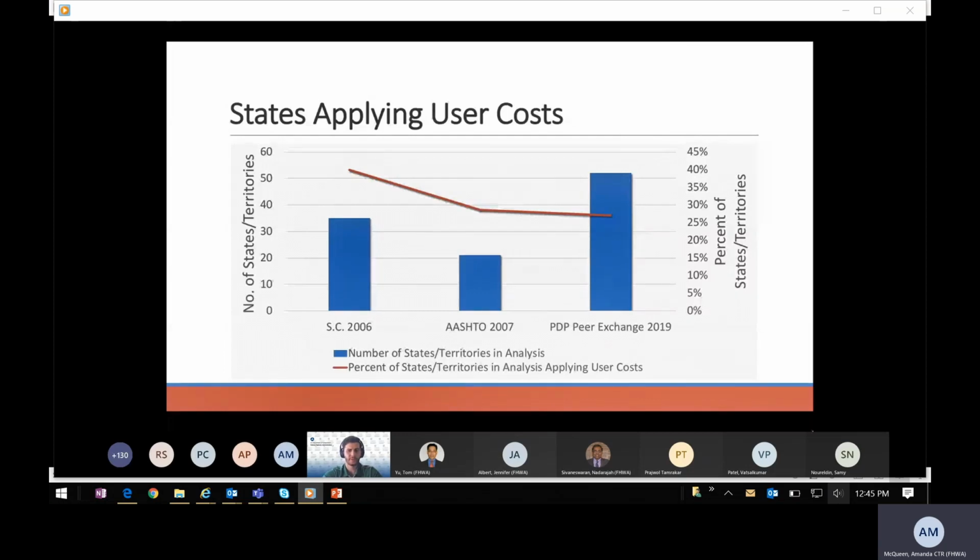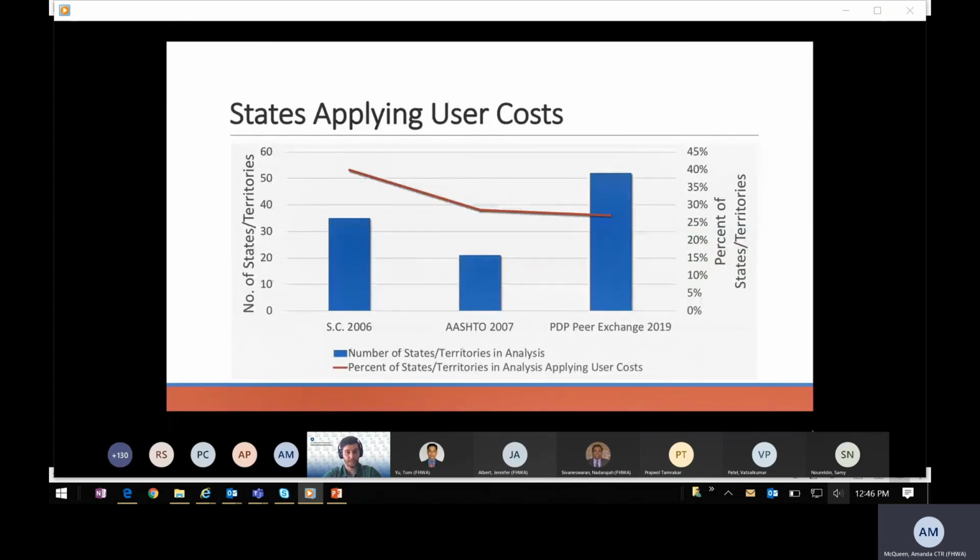Now, user costs are typically influenced by the timing, duration, scope, and number of construction and rehabilitation work zones for each project alternative. Examining information from past references and the PDP exchange, we can first note the number of states and territories in analysis and the percent applying user costs.